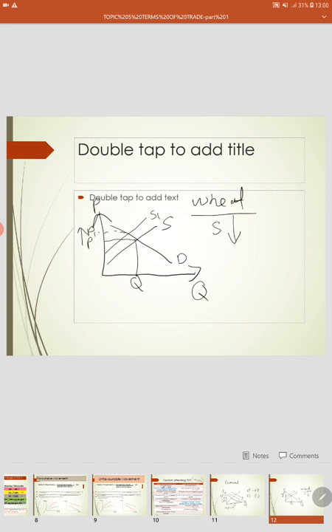So the result is when supply is reduced or when we have shortage of supply, it's going to cause the price to increase. Okay, and due to technology, due to reduction in cost of production, if the supply increases, it's going to cause price to fall.